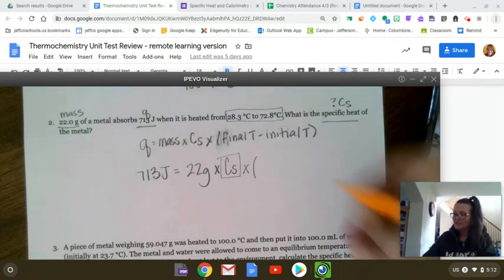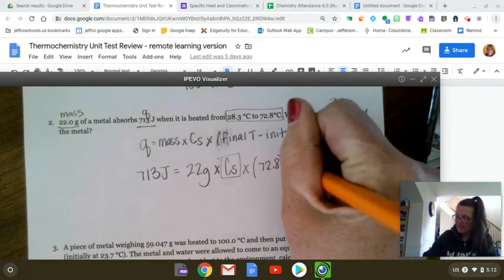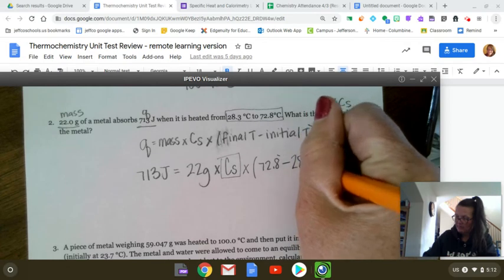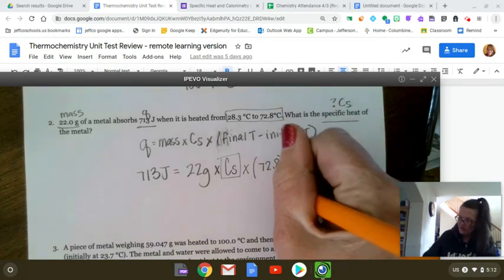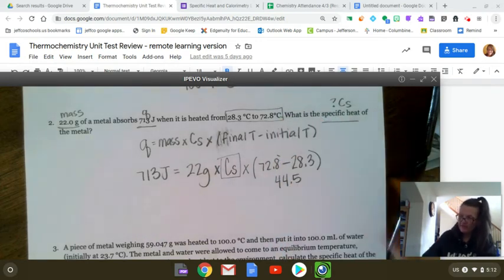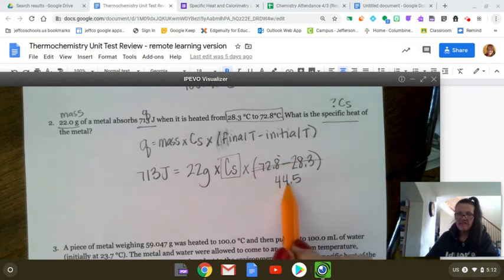So the final temperature was 72.8, and the initial temperature was 28.3. Okay, so I'm going to take care of that temperature change really quick first. So 72.8 minus 28.3, and I get 44.5. Okay, so I'm going to cross that out, and that's my value for that number.